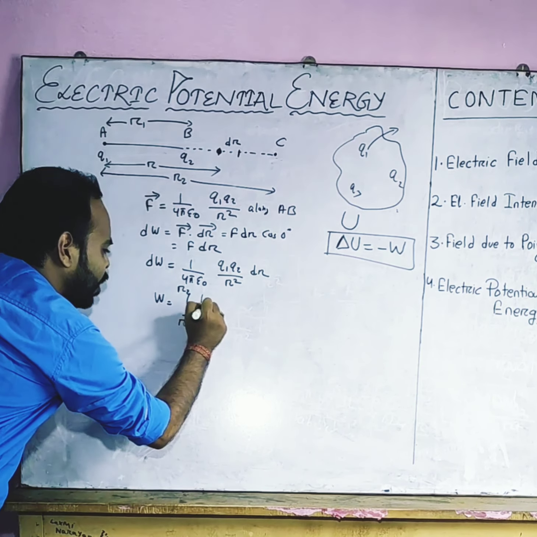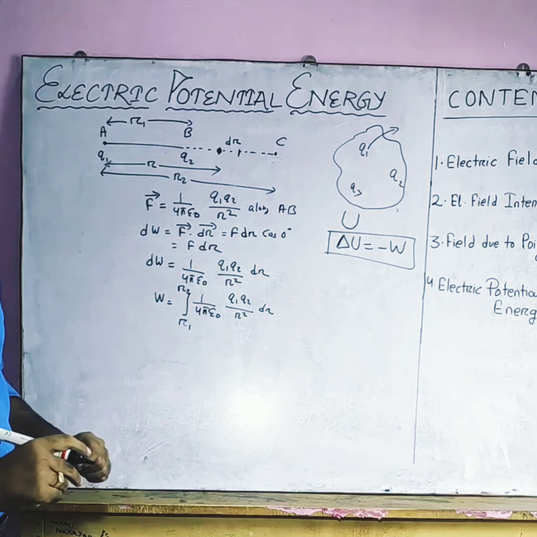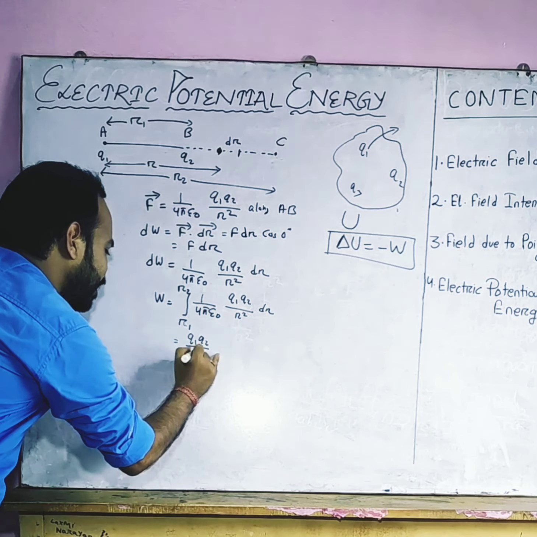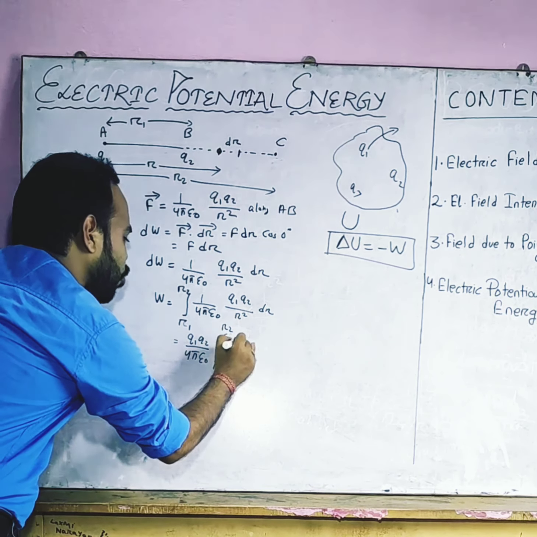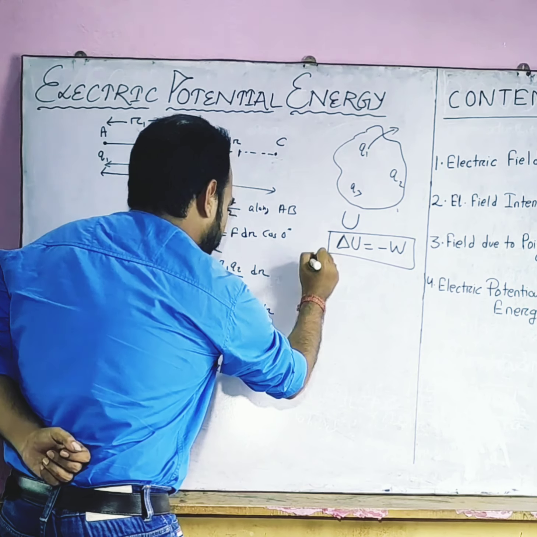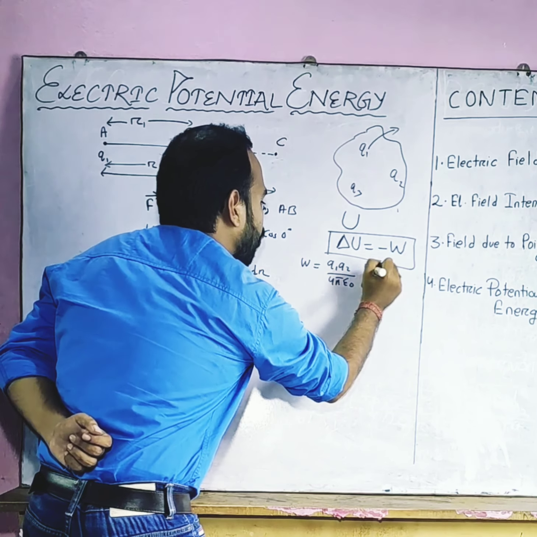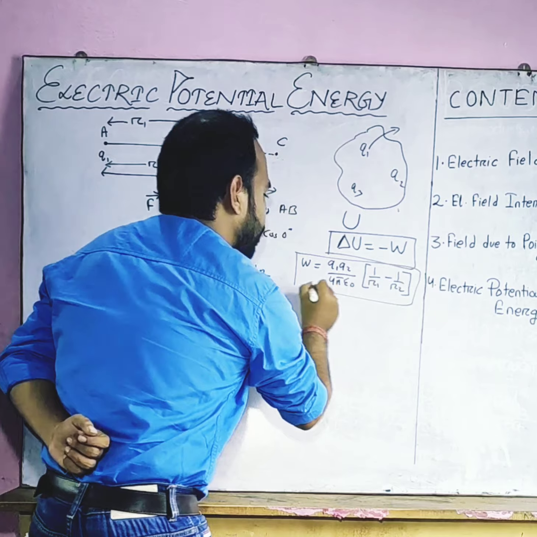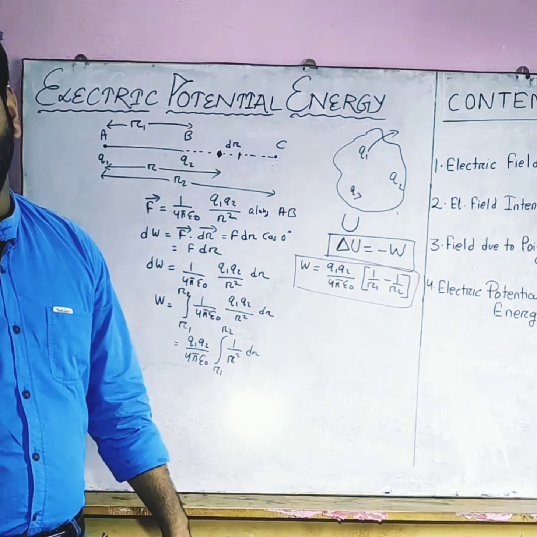So integration from R1 to R2 of 1 by 4 pi epsilon 0 Q1 Q2 divided by r square dr. This can be written as Q1 Q2 divided by 4 pi epsilon 0 times the integration from R1 to R2 of 1 by r square dr. If we integrate, we obtain W equals Q1 Q2 divided by 4 pi epsilon 0 into 1 by R1 minus 1 by R2.